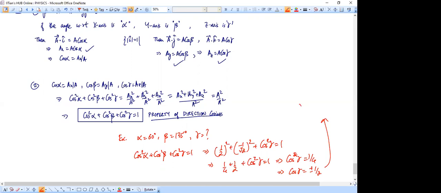So gamma is either 60 degrees or 120 degrees. It has to be one of these two. So that is a constraint.